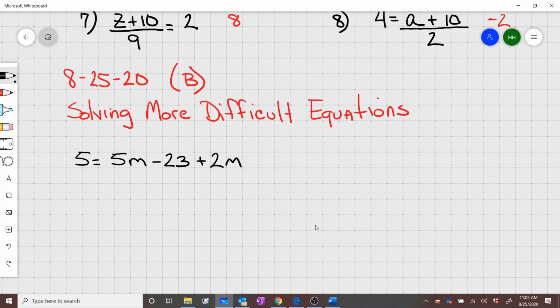And when you see a problem that looks like this, and in this case your 5m and your 2m are on the same side of the equal sign, the first thing that you do, anytime that you have more than one of the same variable on the same side of the equal sign, or more than one of a number on the same side of the equal sign, the step that you do, real important, is called combine like terms.